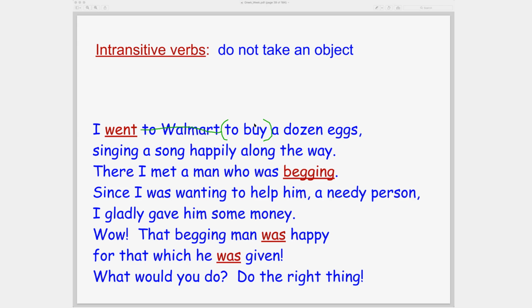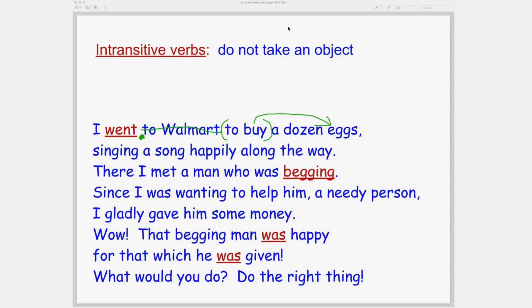And I went to buy, and then to buy refers to eggs. Okay, so this went doesn't have an object. I just went. I could have put a period there, okay, and finish the sentence. I went. Same with a man who was begging. But I could use that verb as a transitive verb. I begged money. But I'm not using that here.